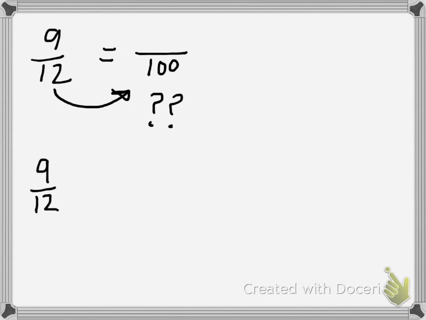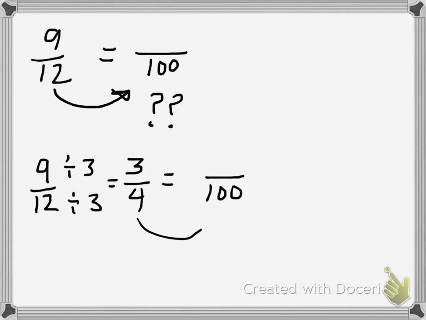So how can I reduce 9 over 12? Well, 9 and 12 can both be divided by 3. If I divide them by 3, then I'm going to get to 3/4. 9 divided by 3 is 3, 12 divided by 3 is 4.